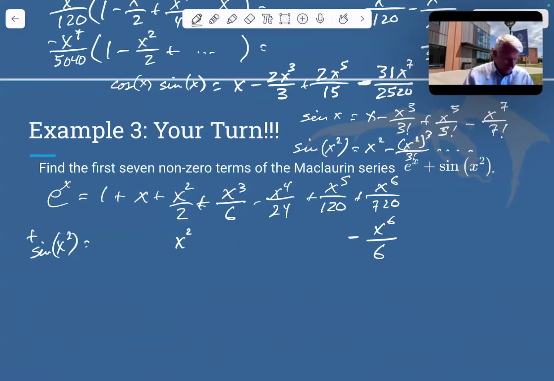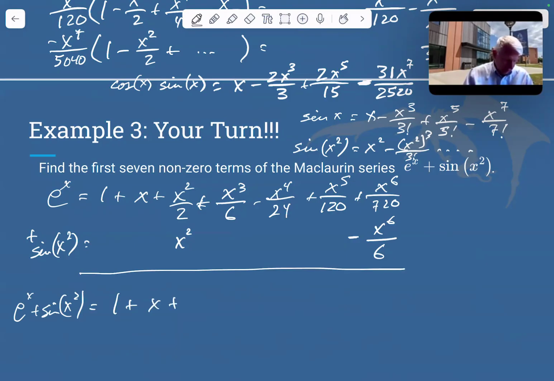So if I do that, then e to the x plus sine of x squared is going to be 1 plus x plus, I should get 3 halves x squared plus x to the third over 6 minus x to the fourth over 24.